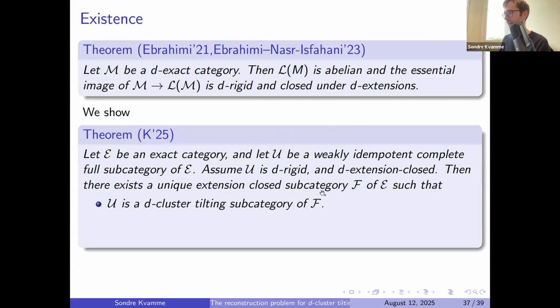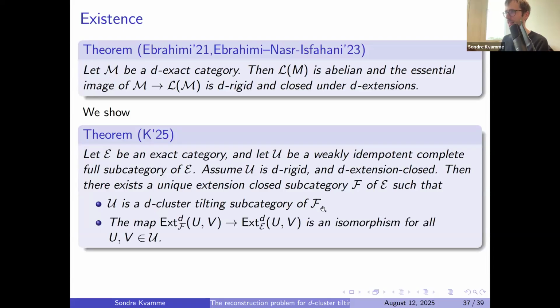You have U sitting inside F, sitting inside E, and what we say is that U should be a d-cluster tilting subcategory of F, and d-cluster tilting in such a way that the d-extensions in F between objects in U are the same as the d-extensions in E between objects in U.